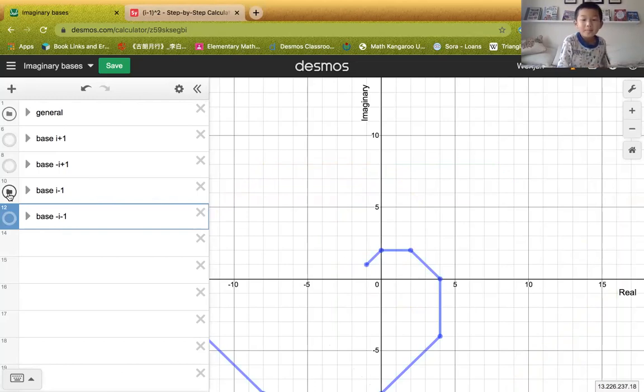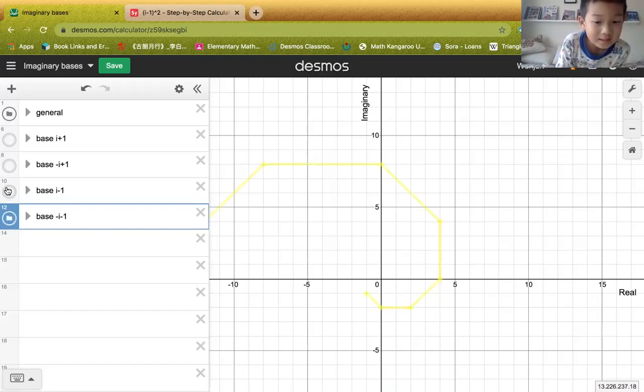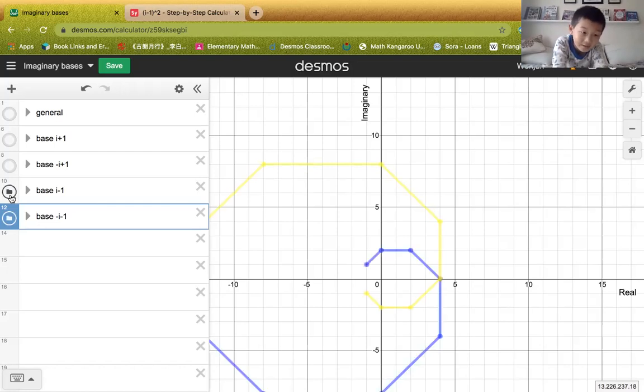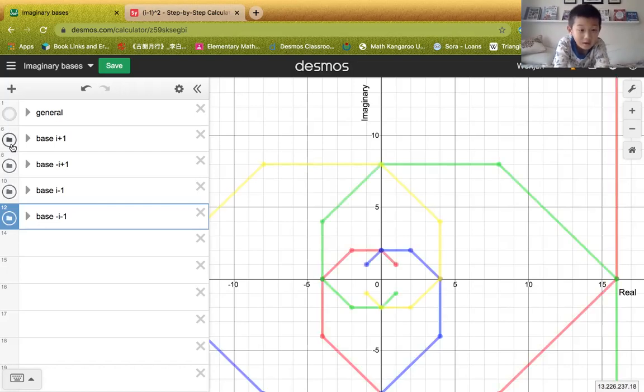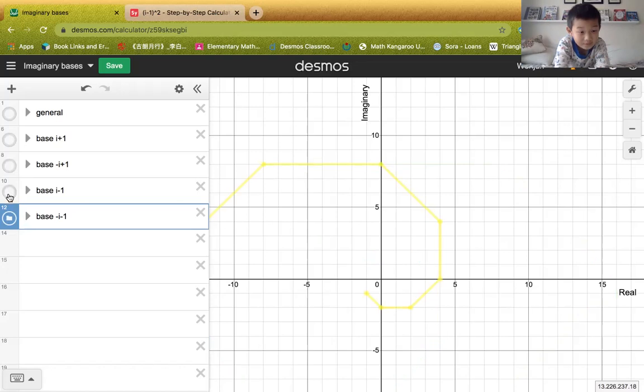Meanwhile, the blue one will happen if we offer you a compound interest of i minus 2. The yellow one will happen if it's negative i minus 2. All together. Wait. Stop for a moment.